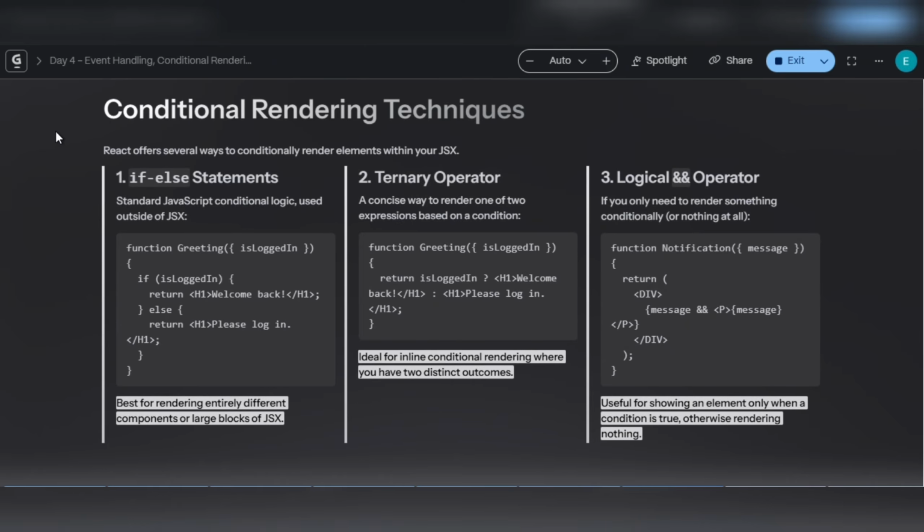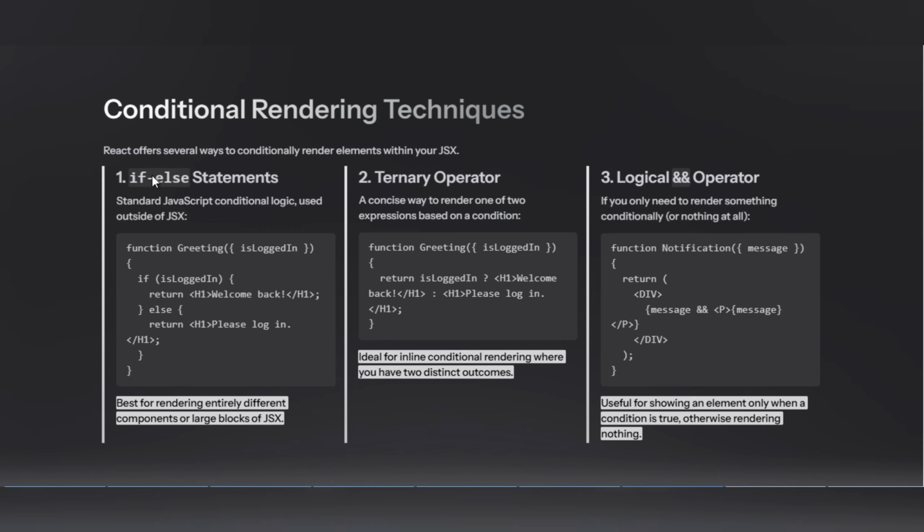React provides multiple ways to handle conditions. First, the if-else statement. Use if-else when you want to render completely different components. Best for large UI blocks and clear logic separation. Second is the ternary operator. The ternary operator is a compact way to handle two conditions inline.